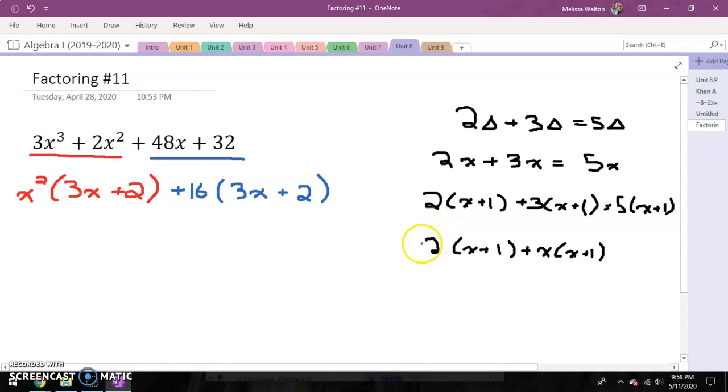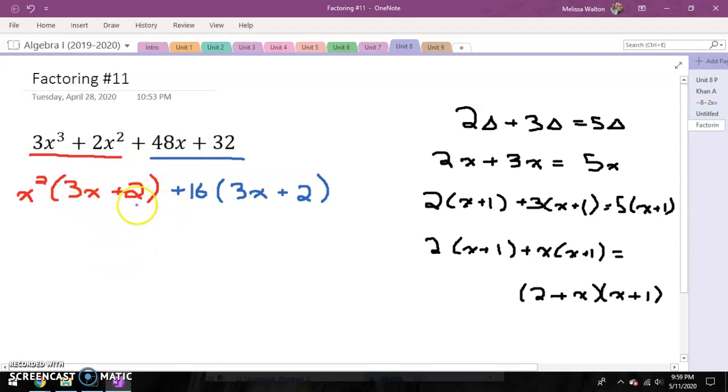Well, I have 2 of x plus 1 plus x plus 1. Well, the answer to this would be, well, I can't really combine 2 and x, so I'm just going to leave this as 2 plus x. And then finally, x plus 1 and x plus 1, I have x plus 1s here.